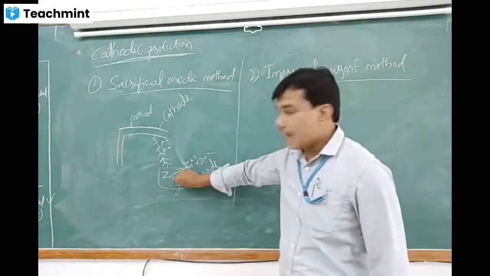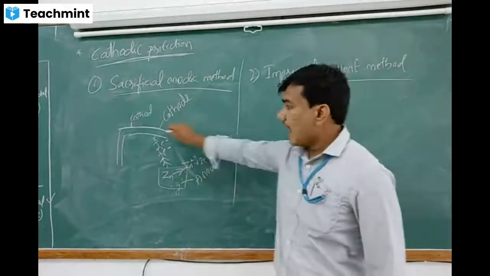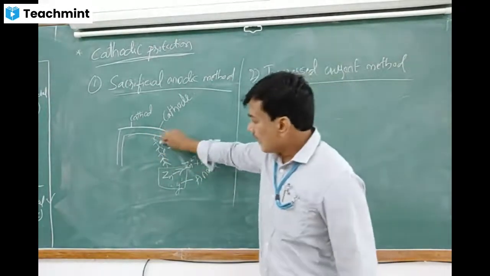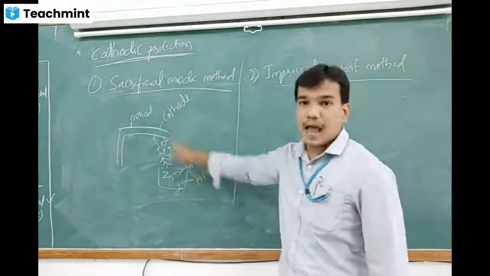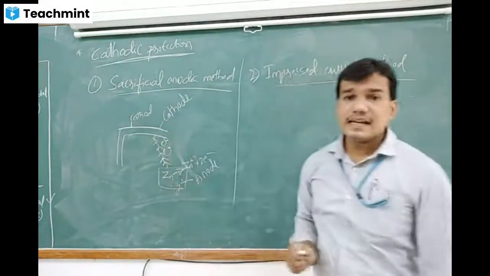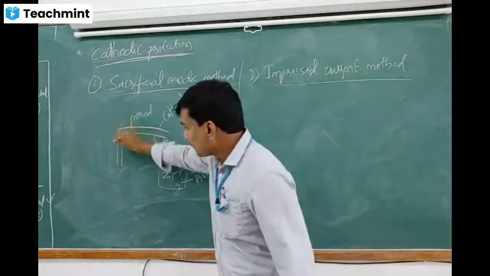Zinc becomes anode and undergoes oxidation, and iron accepts the electrons coming from the anode, so a reduction reaction happens. That's why it is protected from corrosion.